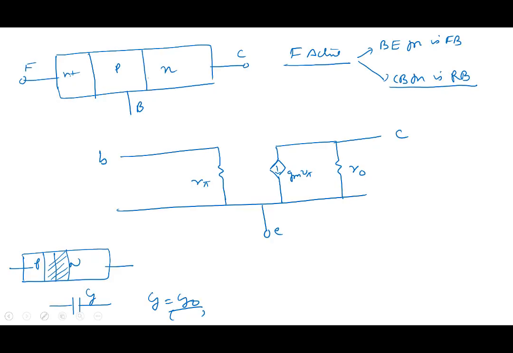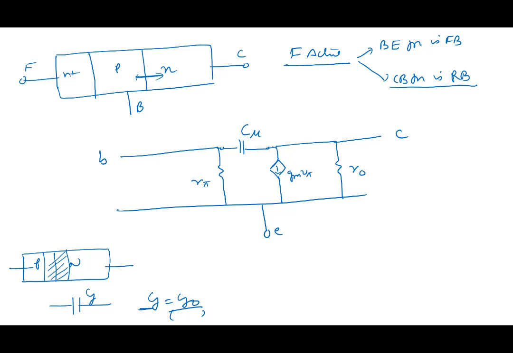Okay. Now, don't you think that between base and collector, I should put a capacitor here? Look at this junction here. It's a reverse bias junction. So I put a capacitor here, which will be of this form, CJ, except that we have a specific name for it. We call it C mu.